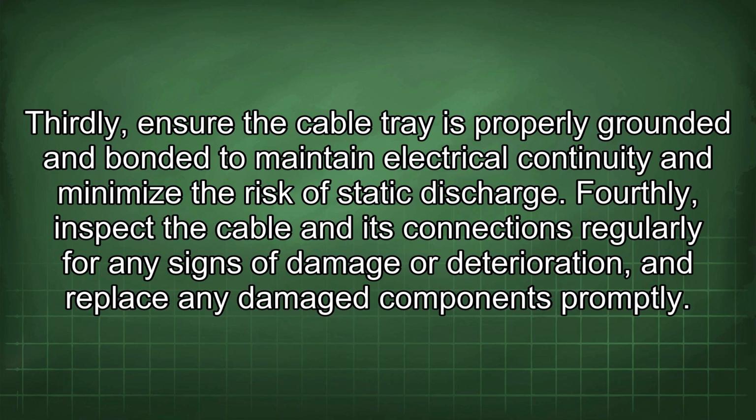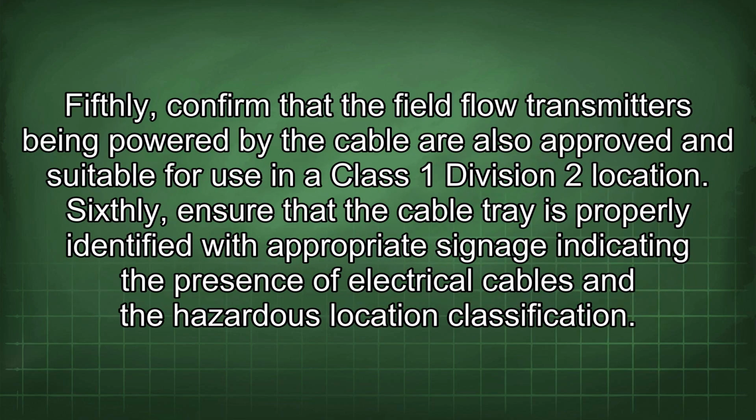Fourthly, inspect the cable and its connections regularly for any signs of damage or deterioration and replace any damaged components promptly. Fifthly, confirm that the field flow transmitters being powered by the cable are also approved and suitable for use in a Class 1 Division 2 location.